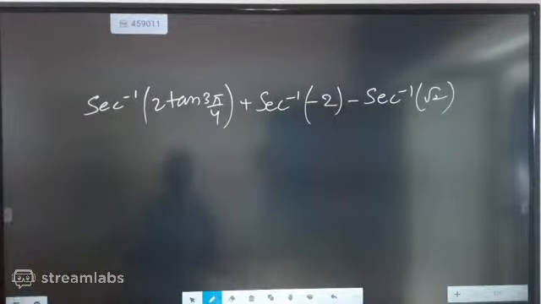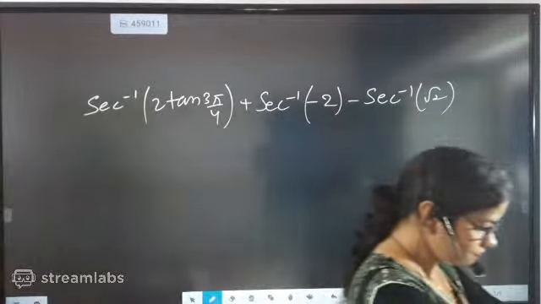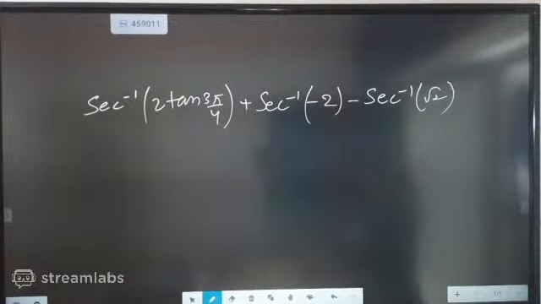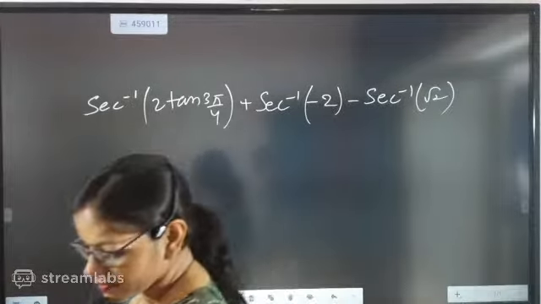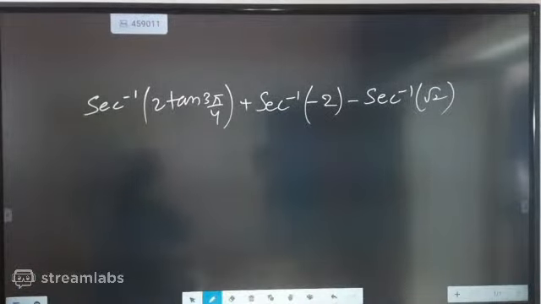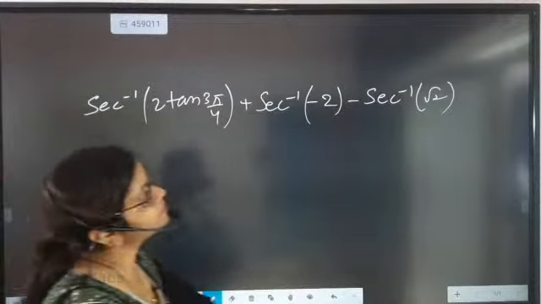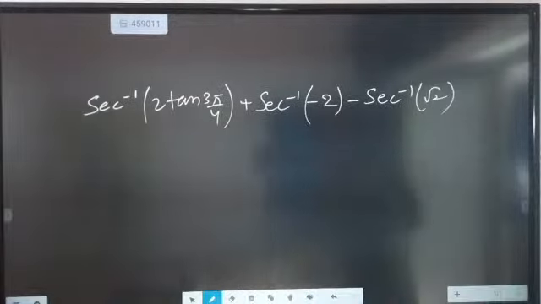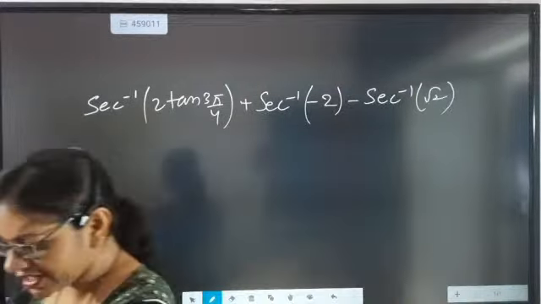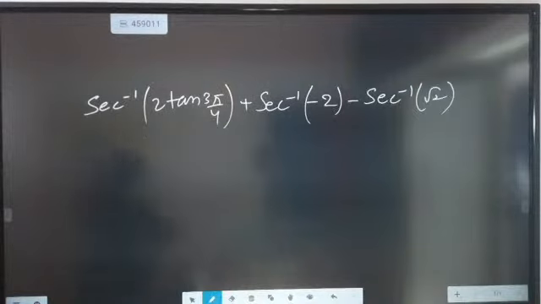Let's see another answer when I am receiving. Maheshwar is telling 19 pi by 12. Speed. Now next, anyone knowing what is the answer? Check better about it.